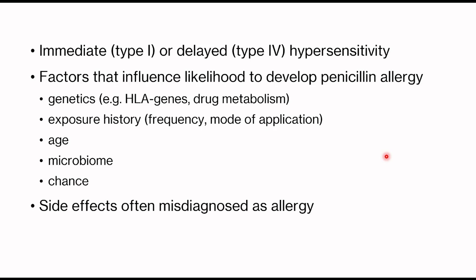Okay, just a couple more things to go more into depth in this topic of penicillin allergy, even though the fundamentals we have understood now. What I showed you here was a type 1, an immediate hypersensitivity reaction. The type 4 reaction, the delayed type reaction, might also play a role here.